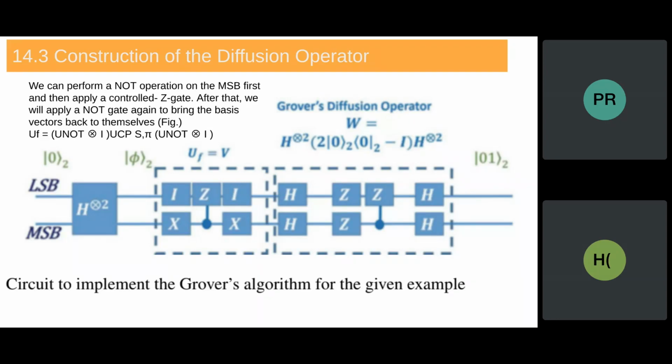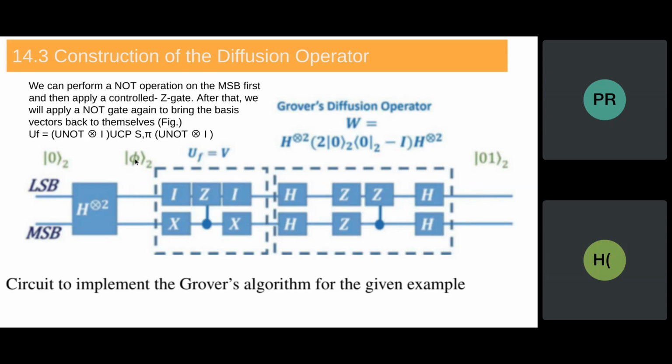In this case we have 4. So if I take the root of 4, it should be no more than 2 operations. So if we do 1 operation, 2 operations, we should be able to hit our target, which is ket A, in this case ket 01.